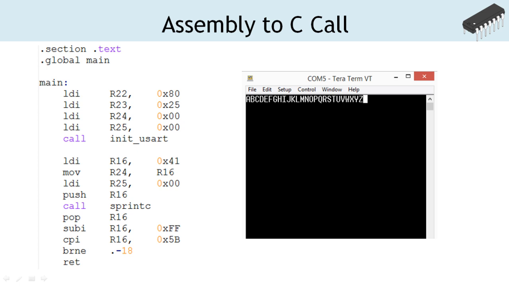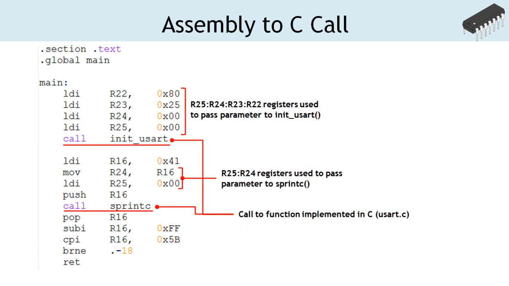The code implements the main function which initializes the USART and prints the alphabet in English language using the sprintc function. The function init_USART is used to initialize the serial channel and accepts the baud rate defined as type long integer.